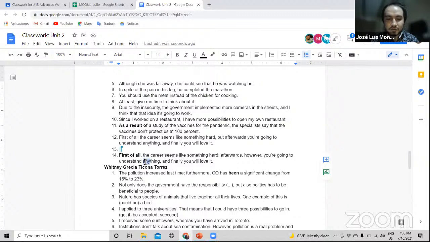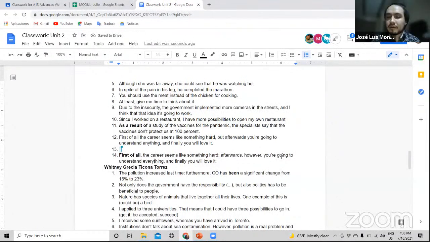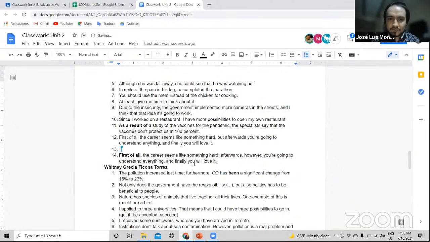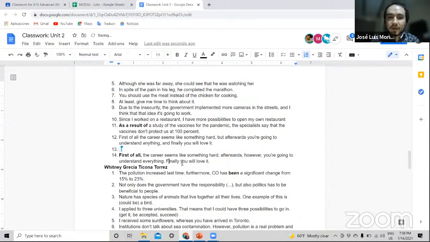Because of the context, I think it's everything. So afterwards, comma, however, comma, you're going to understand everything. And here again, you can set period or semicolon, period. Finally, because that's the most important part here, not and. Finally, or you can use a different word, you will love it.